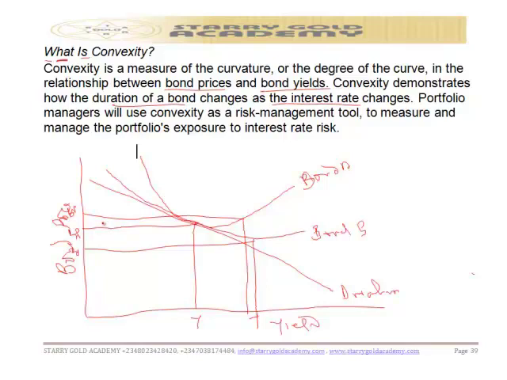Bond A is more curved than bond B. What this simply means is that bond A has a higher convexity than bond B, because we said convexity is the measure of curvature, and bond A is more curved than bond B. So definitely bond A has a higher convexity than bond B, which indicates that, all else being equal, bond A will always have a higher price than bond B as interest rates rise or fall.